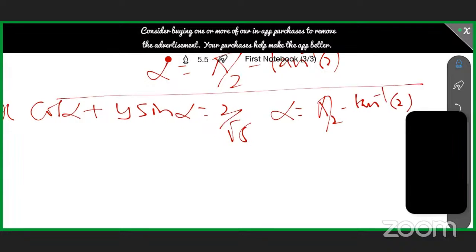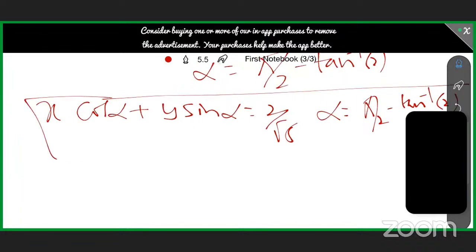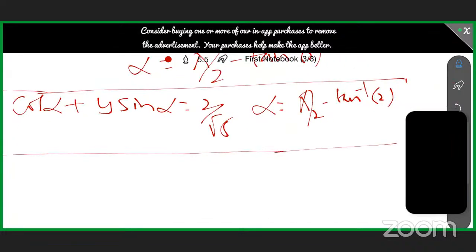Did you understand? It is in the first quadrant. Very good. So this question was asked again in the AIEEE in the year 2000.